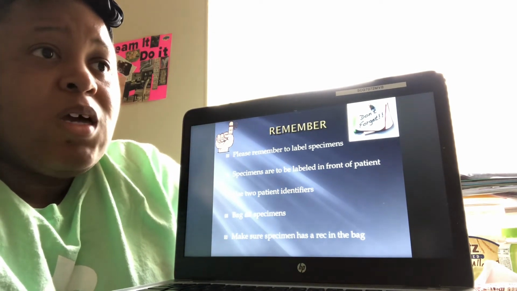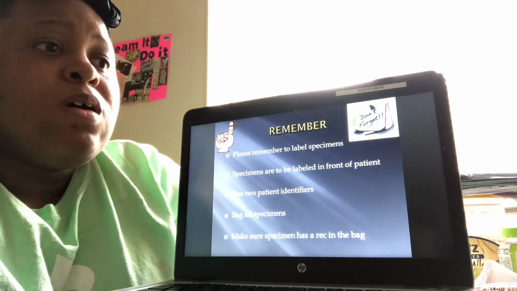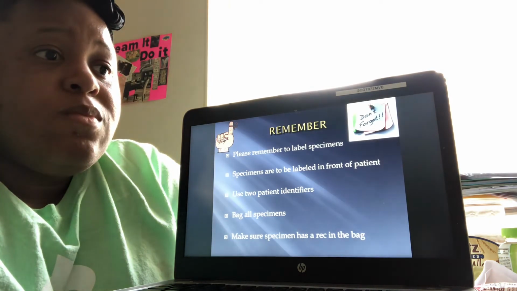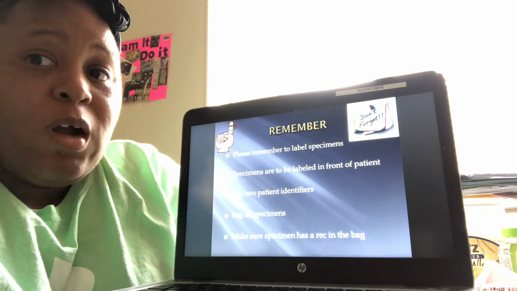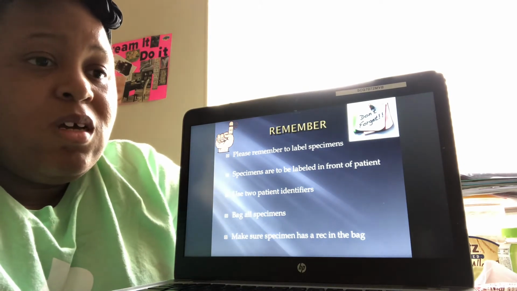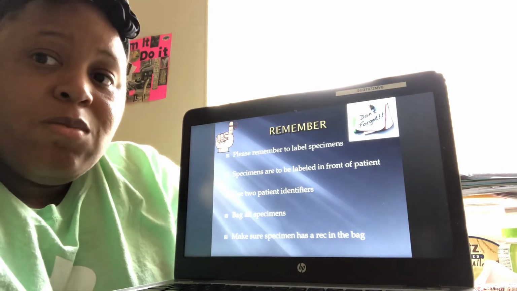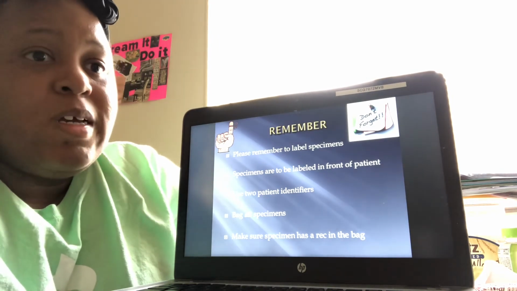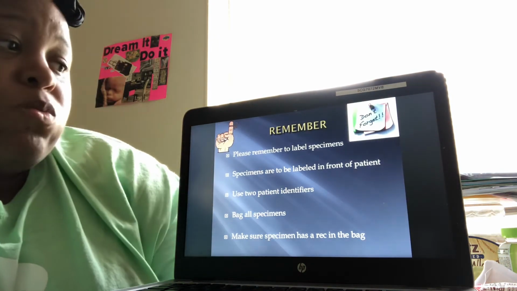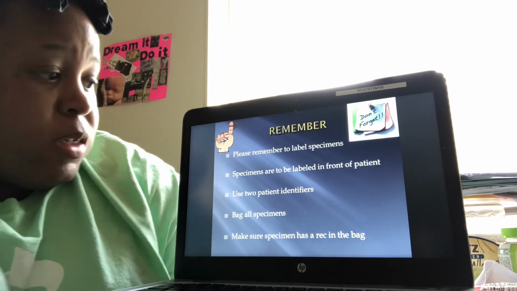When I was a lab tech, I also received specimens. I would get that angry call, and if someone is misdiagnosed, wrong medication can be given. It can lead to a lot of things. So please remember to label all specimens.